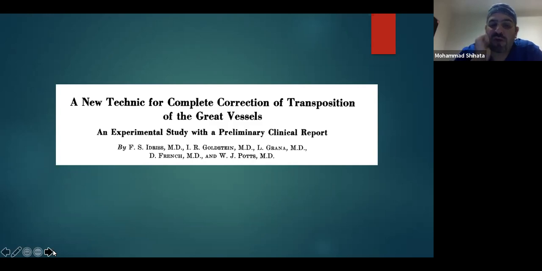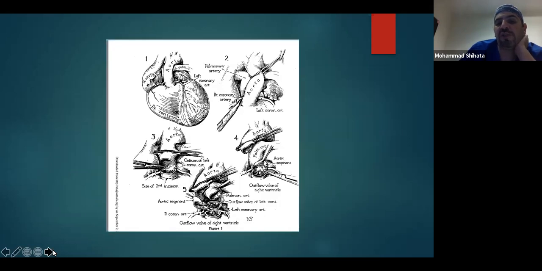And you'll find that some of his publications, like this one, date back to 1961, which is almost 20 years before the successful arterial switch operation was reported. What they did in this operation is translocate the coronaries as one ring, as opposed to separate buttons the way we do it now.